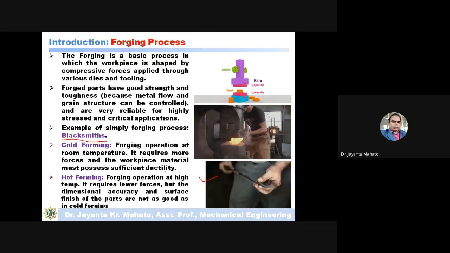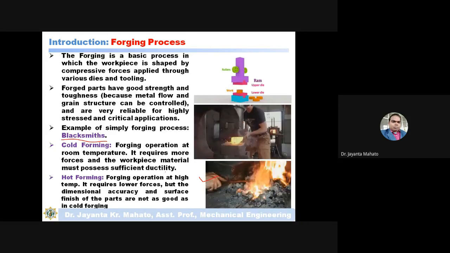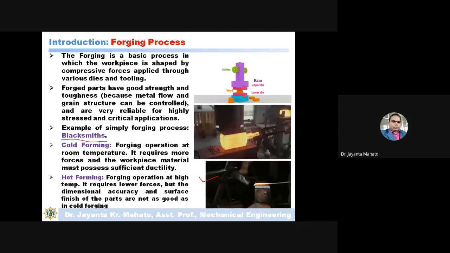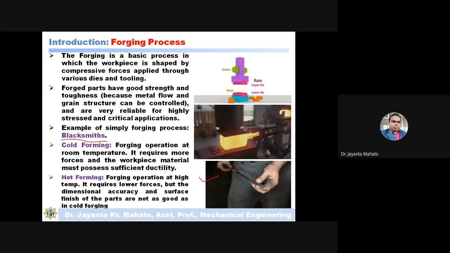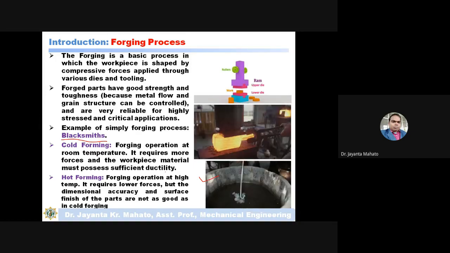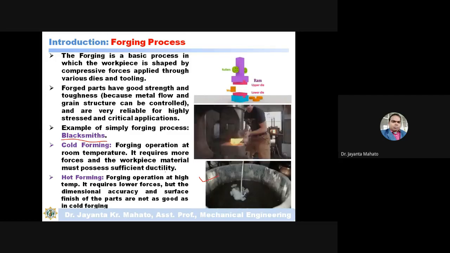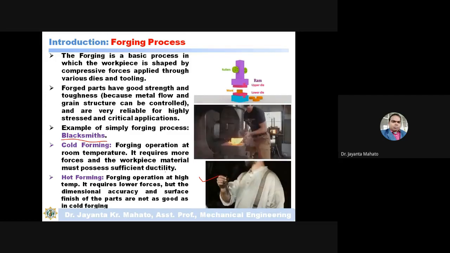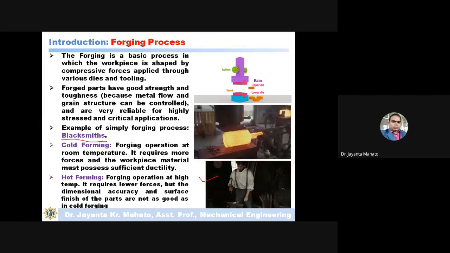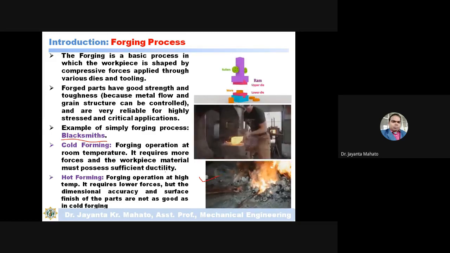But the dimensional accuracy and surface finish of the parts are not as good as in the cold forming process, because at a high temperature the surface of the workpiece material can get oxidized. And after solidification, meaning after cooling the material, there is a chance of shrinkage. So there is a chance of dimensional inaccuracy.